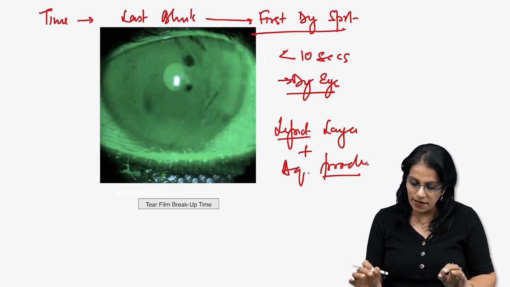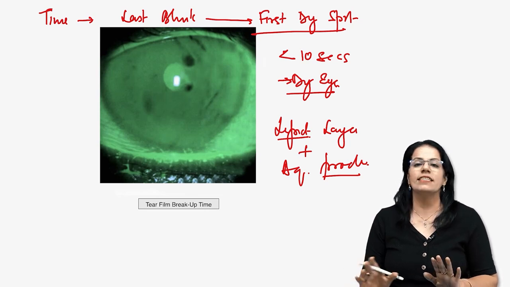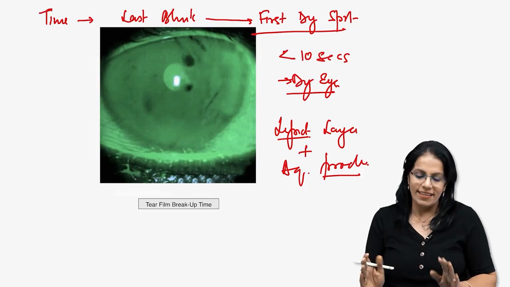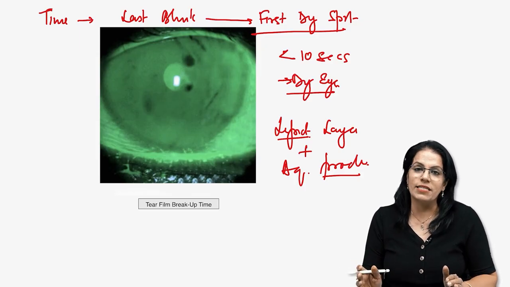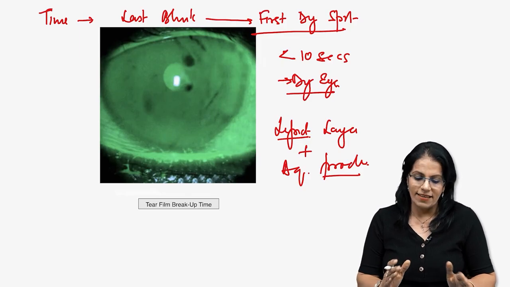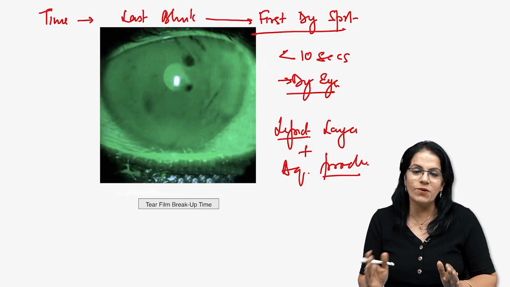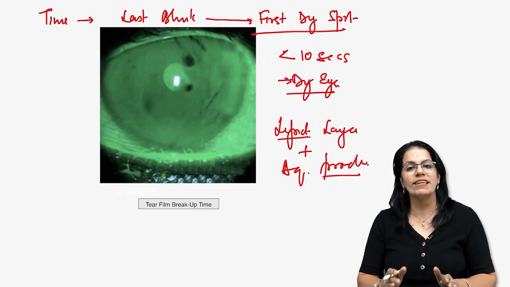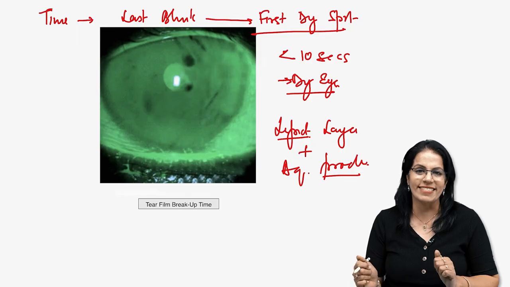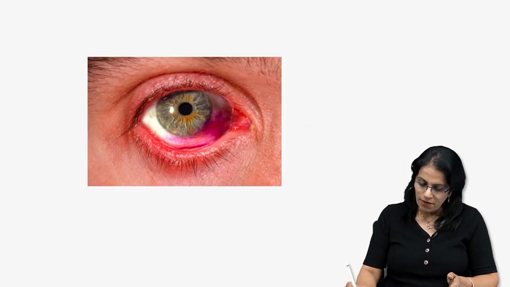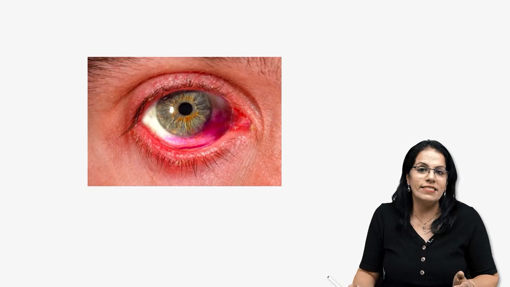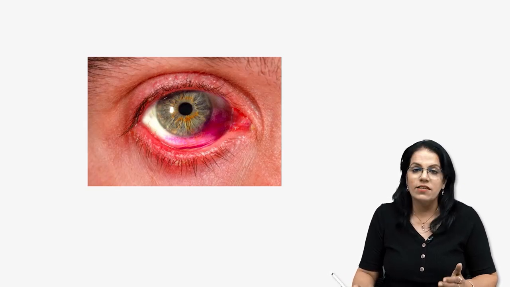If it is so, then it is not a reliable test. Okay. So, you should do it at least 2 or 3 times to understand whether the dry spot is appearing on the same area again and again, or it is appearing on different places. Right.